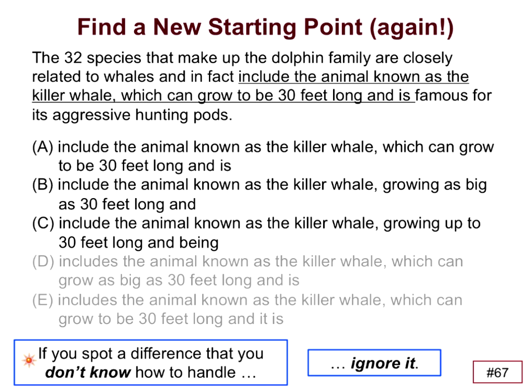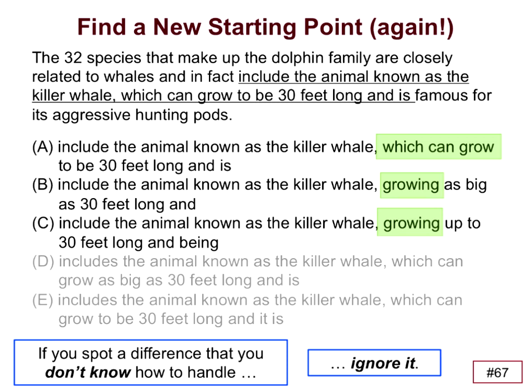Okay. All right, so give me a new starting point on this one. What's something else that we can tackle between answers A, B, and C? All right, let's see. We've got this difference over here. We've got which can grow versus growing. Oh, and I've got some other people suggesting other things.